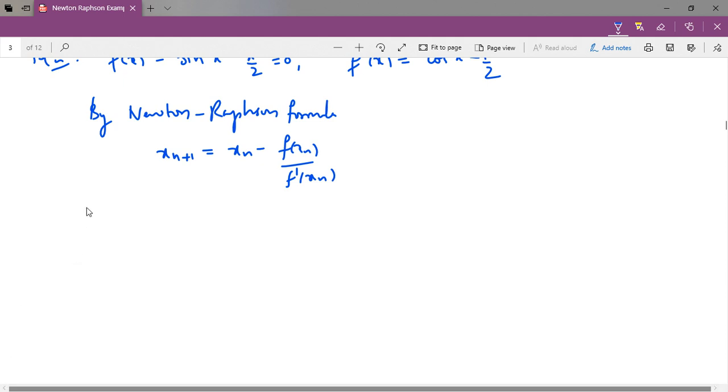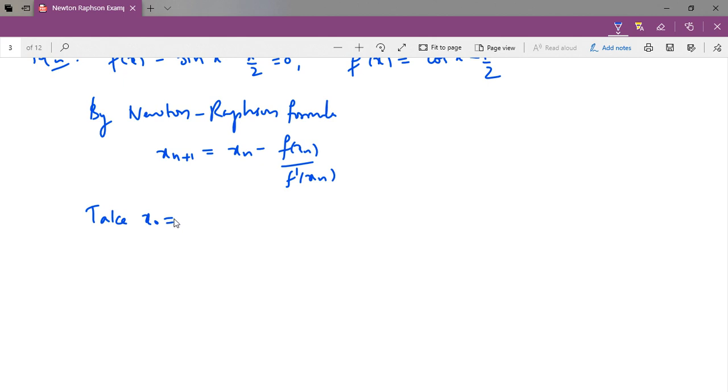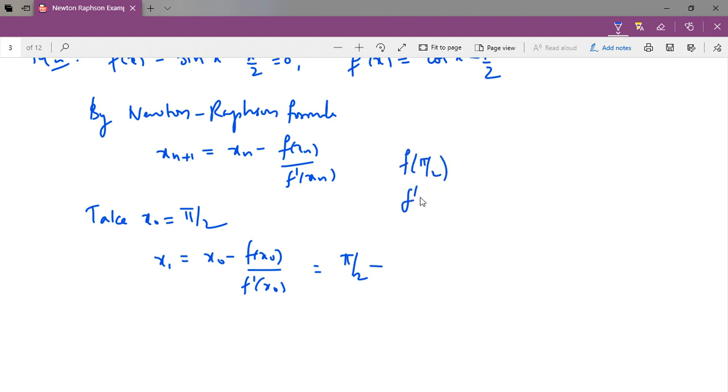Already they have given x naught as pi by 2. So now x1 is equal to x naught minus f of x naught divided by f dash of x naught. So this is pi by 2 minus f of pi by 2 divided by f dash of pi by 2.